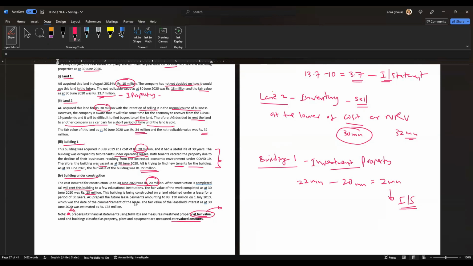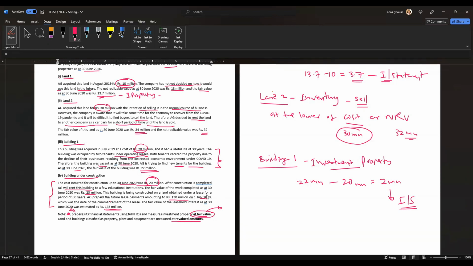AG prepaid the future lease payments amounting to 130 million on 1st July 2019, which was the date of the commencement of the lease. The fair value of the leasehold interest as at 30th June 2020 was estimated at 135 million. Here there are 2 things that you need to consider.